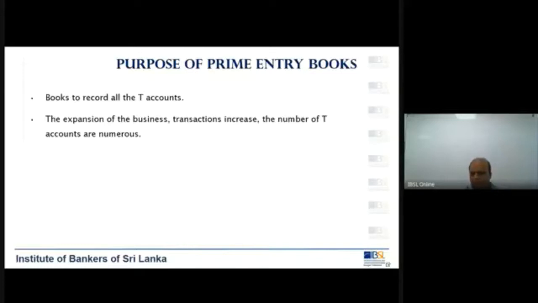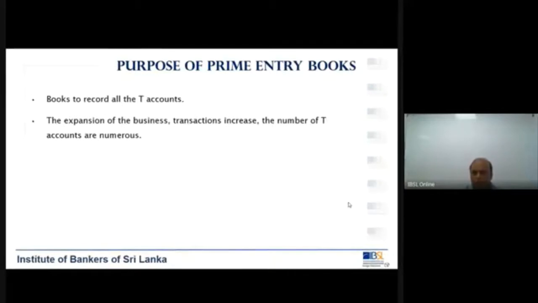So every business should be in a position to manage the increasing number of transactions and the volume of transactions that take place, along with the number of customers or the number of accounts that you might have. This is a typical scenario when it comes to banks.